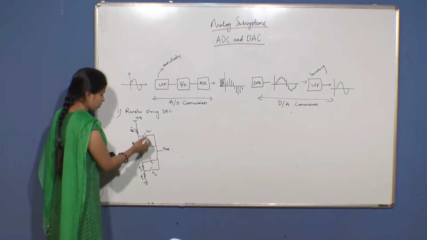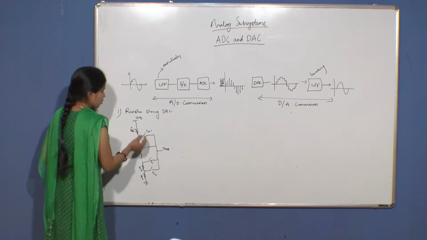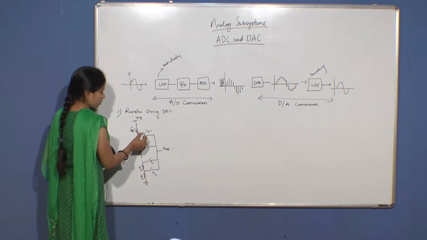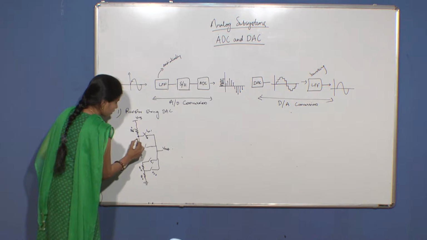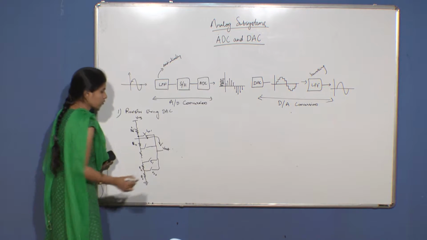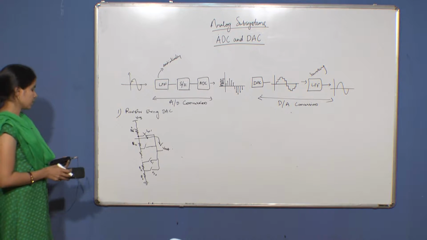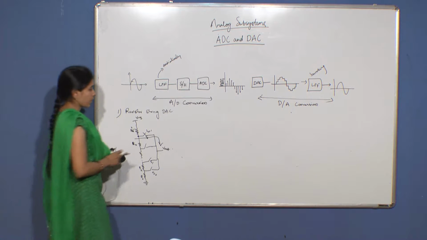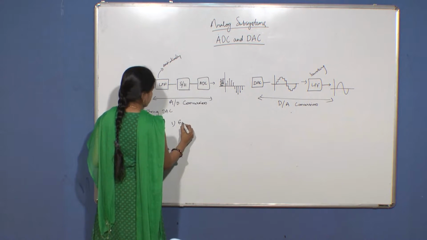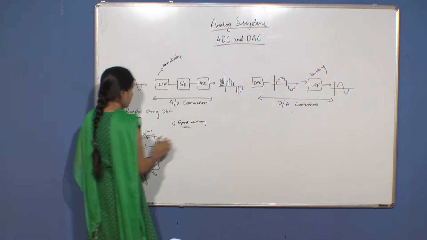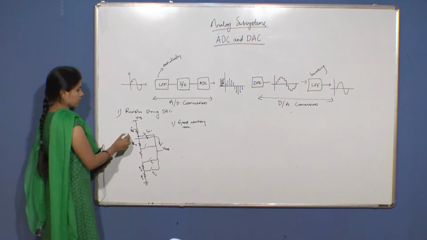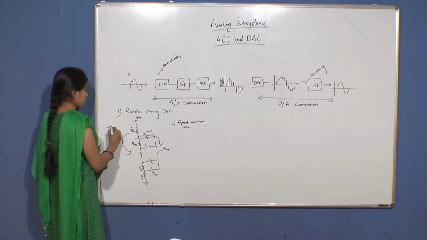Whenever you have a digital input word given, a switch is closed, and the particular voltage is given to the output. This gives you very good accuracy, but it depends on the tolerance of the resistors.